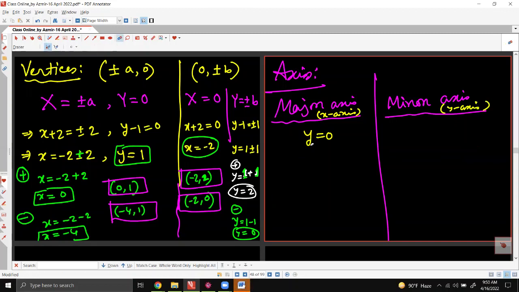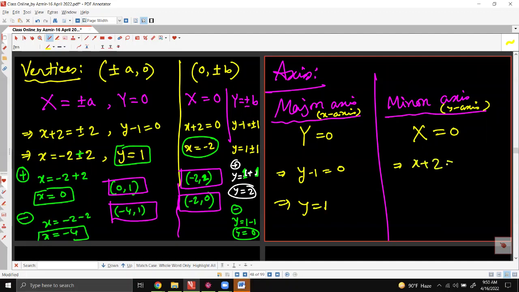So the formula says that it is y equals 0, but for our case it will be capital Y equals 0, and minor axis is x equals 0, but for our case it will be capital X equals 0. So now let us input capital Y. It is small y minus 1 equals 0. So y equals 1. Capital X is small x plus 2. So that means we have x equals minus 2. So this is the major axis. This is the minor axis.